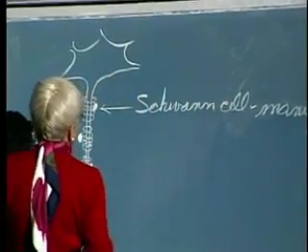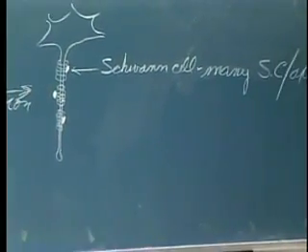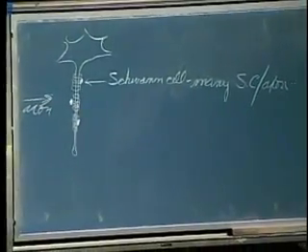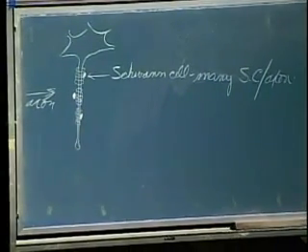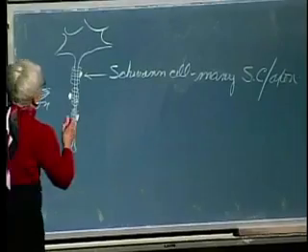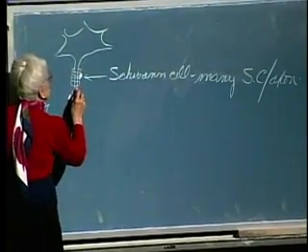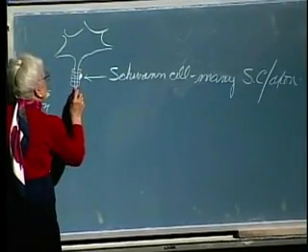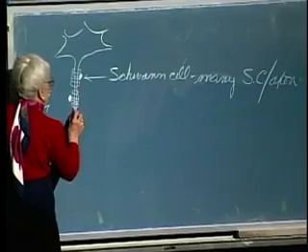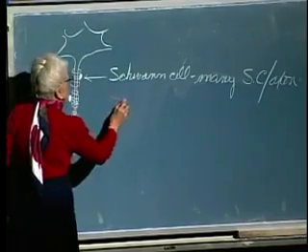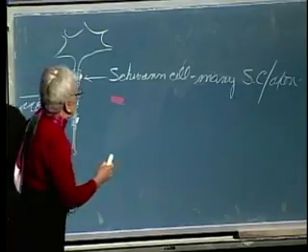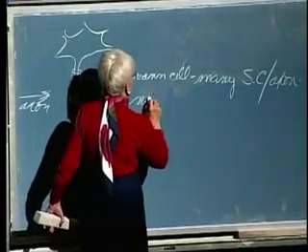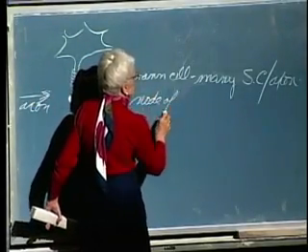Now the distance between the Schwann cells is a very important area. On the nerve fiber here, this distance which has no myelin is referred to as the node of Ranvier.